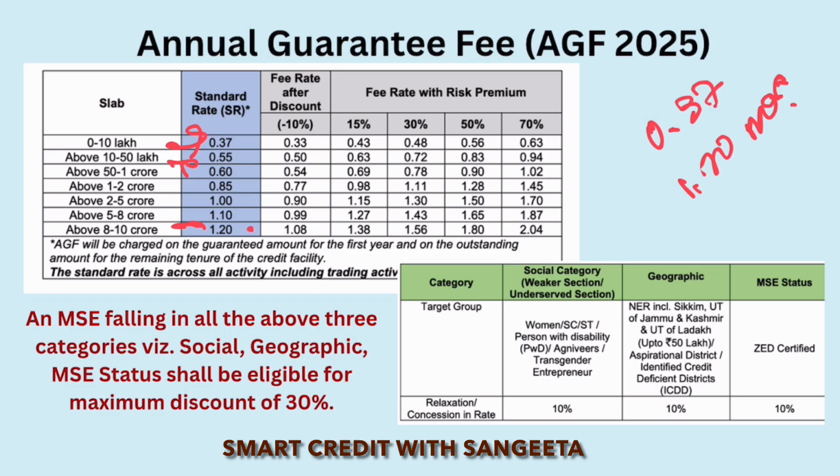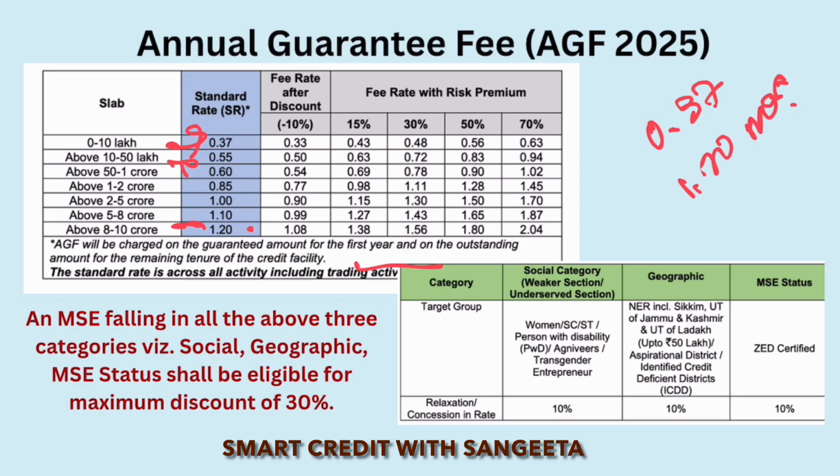AGF will be charged on the guaranteed amount for the first year, and on the outstanding amount for the remaining tenure. The standard rate is across all, whether it is trading or manufacturing activity. This is the same for everyone. This fee is calculated on your outstanding loan amount each year.